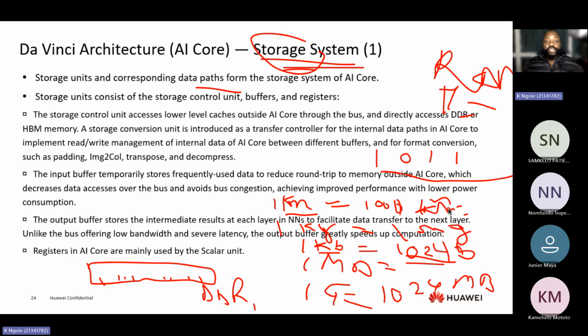For those systems, computers will give you 1 megabyte equal to 1,000 bytes, the normal numbers. But the majority, like 90% of computers, phones, and all those things, are using the binary system. So you need to note that.